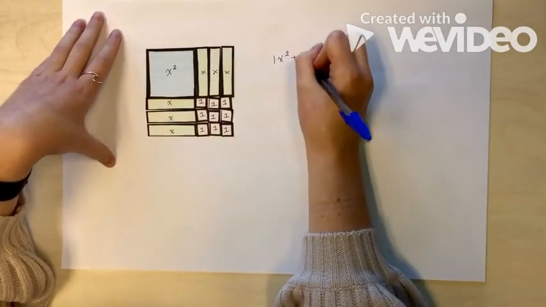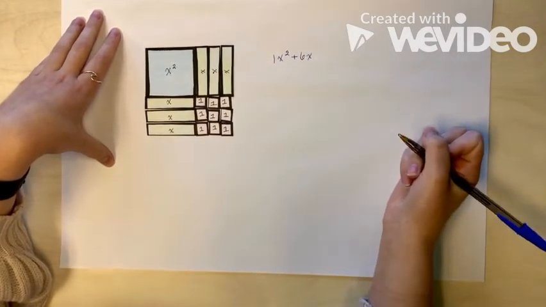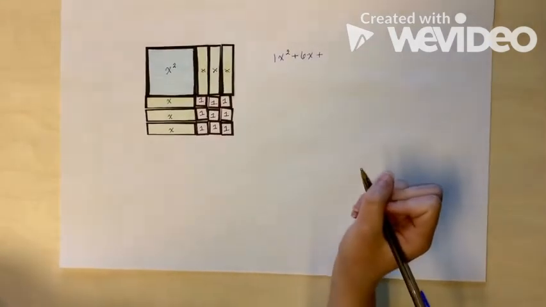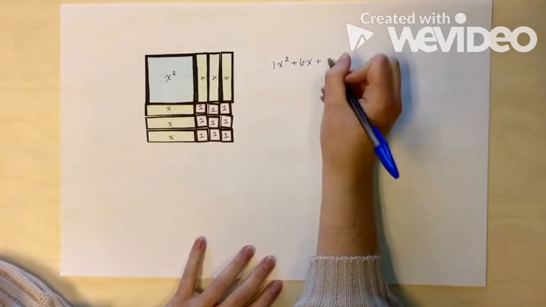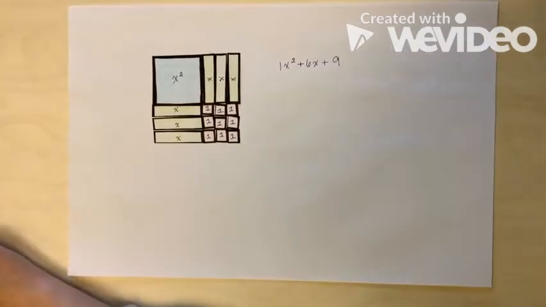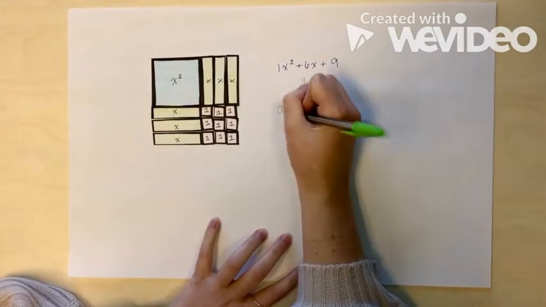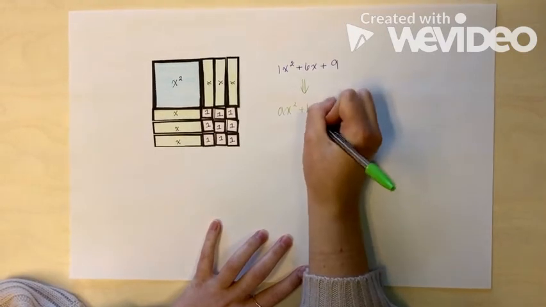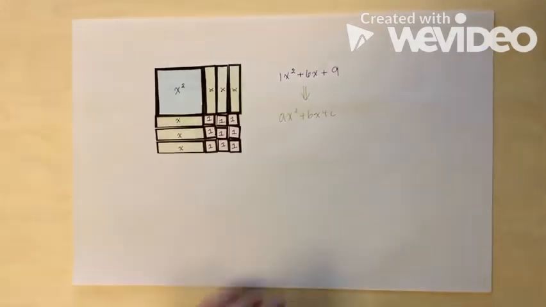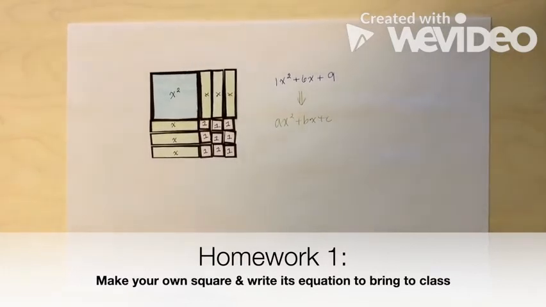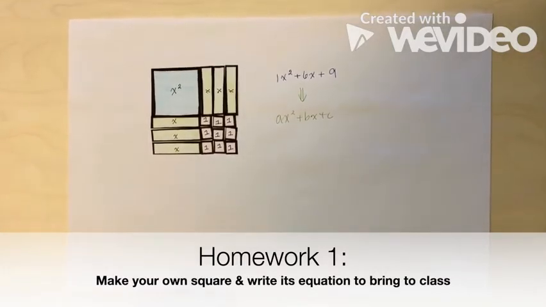So I'm going to write that as 6x. And lastly, in order to get this last piece of our quadratic expression, we have 9 of these 1 pieces. And we can see that this aligns with our quadratic form of ax squared plus bx plus c. So for homework, what I want you all to do is to make your own square and write an equation and bring it to class on Wednesday.